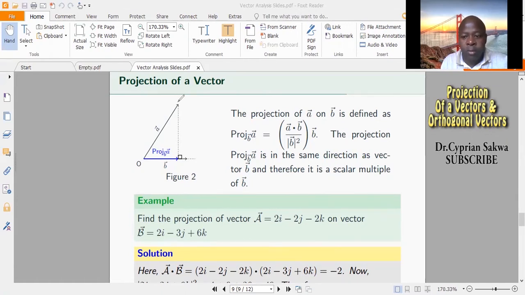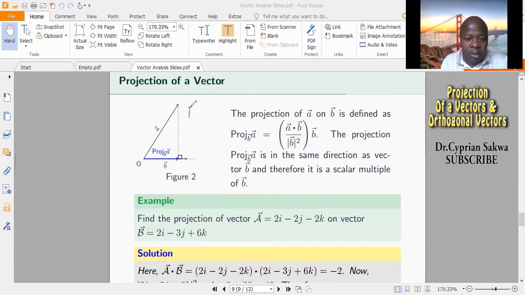So if light were to be put vertically above A, its shadow will be this blue line. This blue line will be the shadow of A on B. So that is what we understand by projection. And this is how we write it.